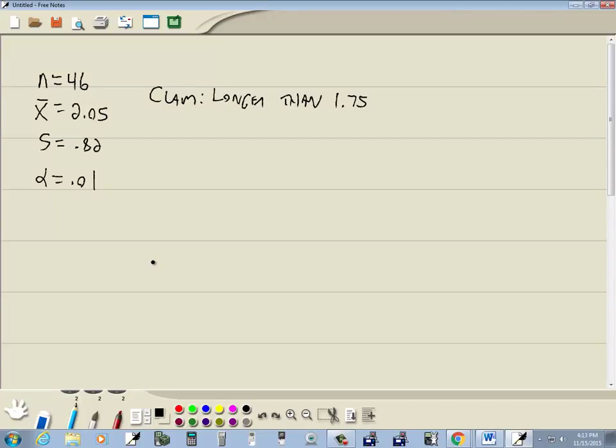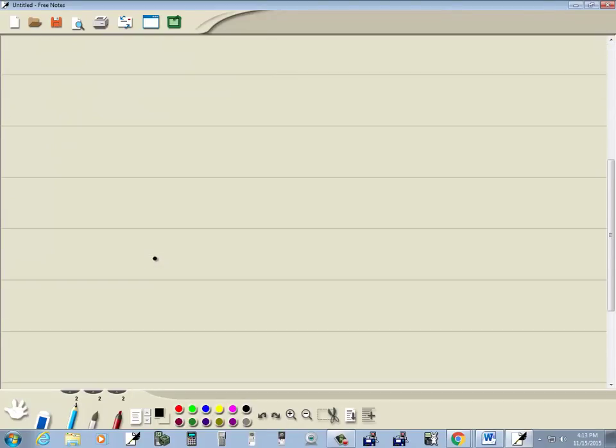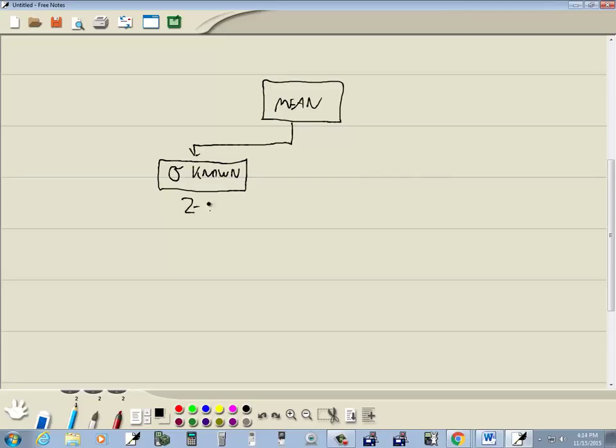Well, to begin with, when you're dealing with claims about mean, you've got two possibilities. One of them is where sigma is known. In this case, you'd use a z-test.